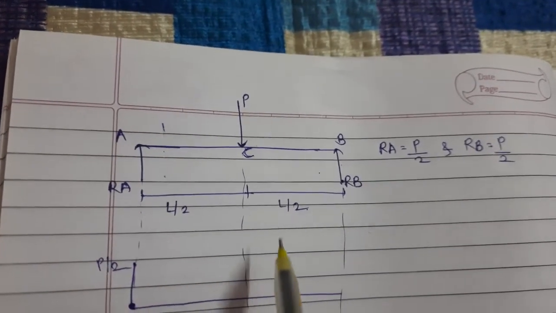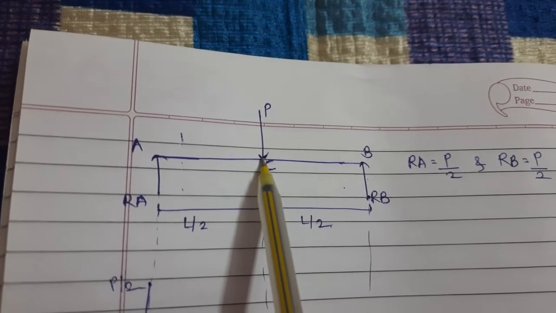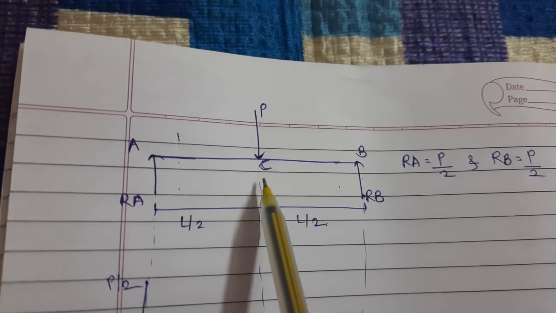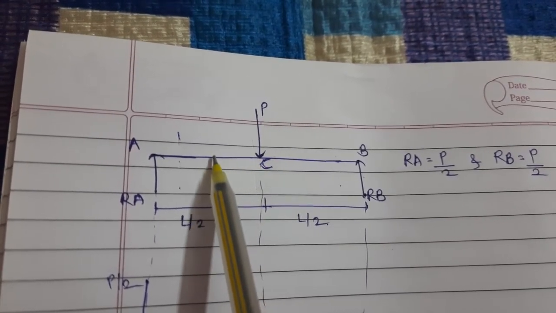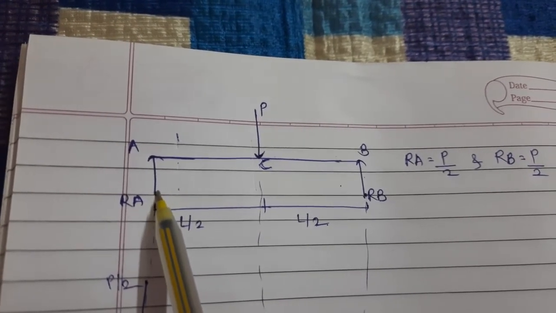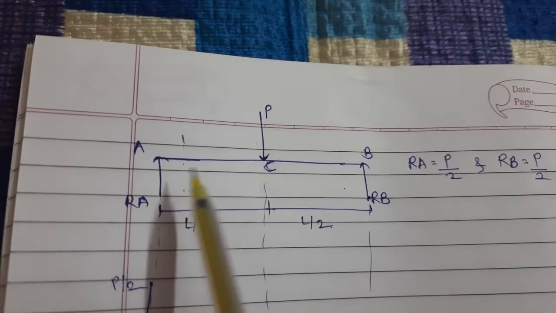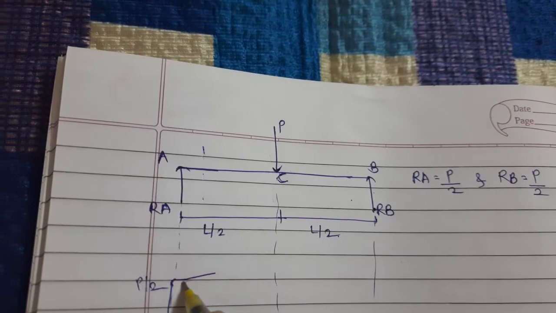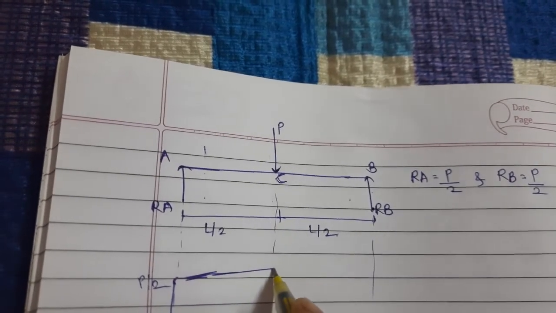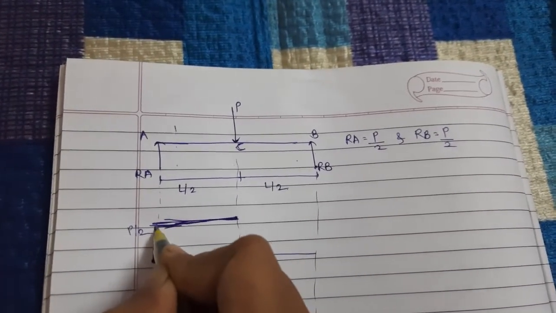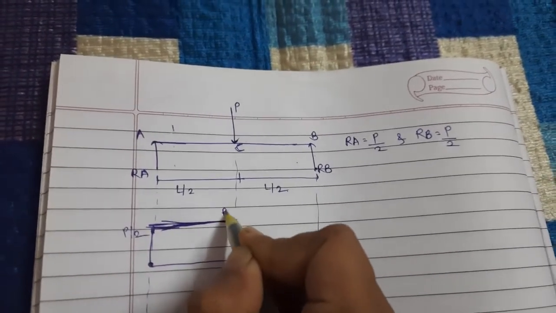Okay, now come to point C. Take a section at the left side of point C. What do we get? Only one force, RA, having P by 2 value. Hence it continues, sorry, this is a horizontal line, P by 2.